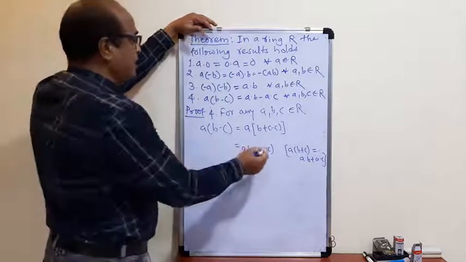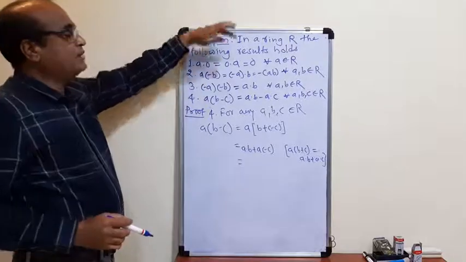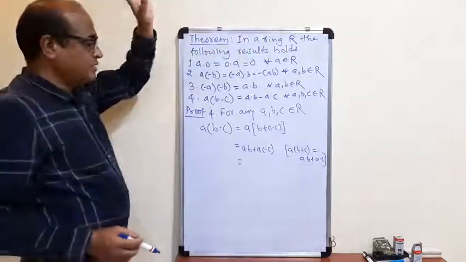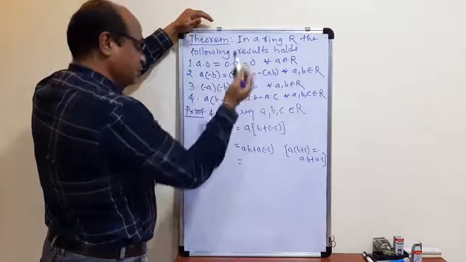But what is A into minus C? By using result 2, A into minus B is equal to minus AB. So A into minus C is equal to minus AC.